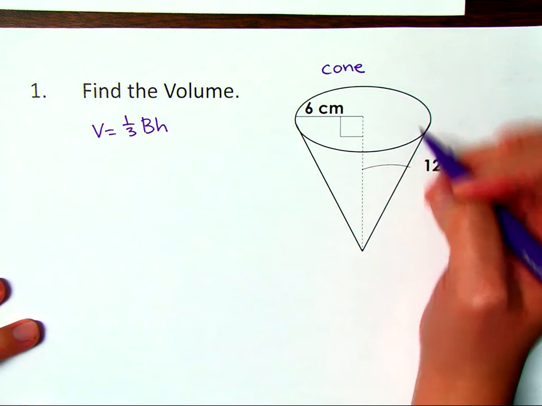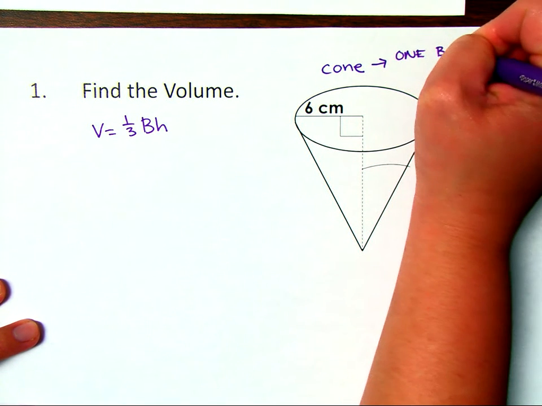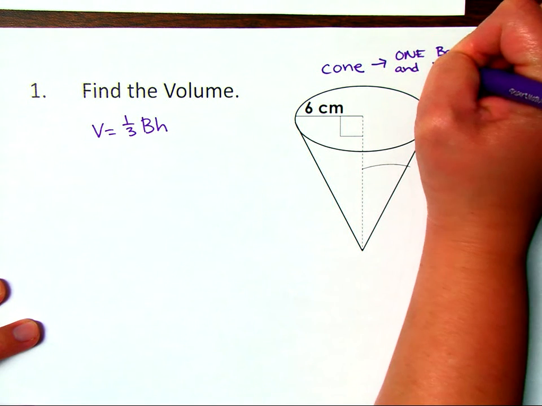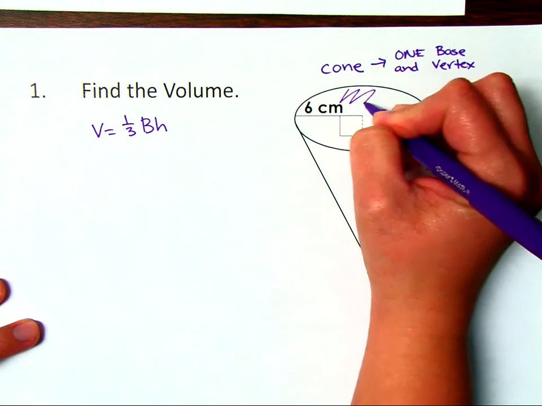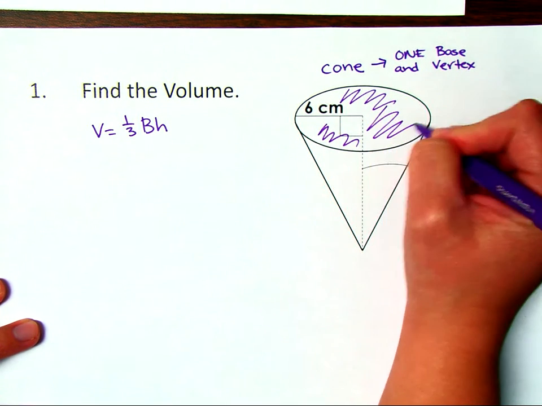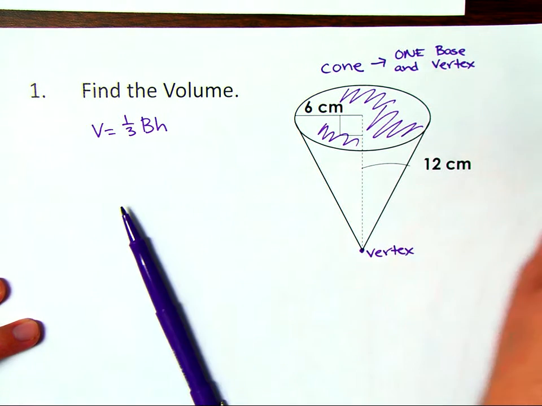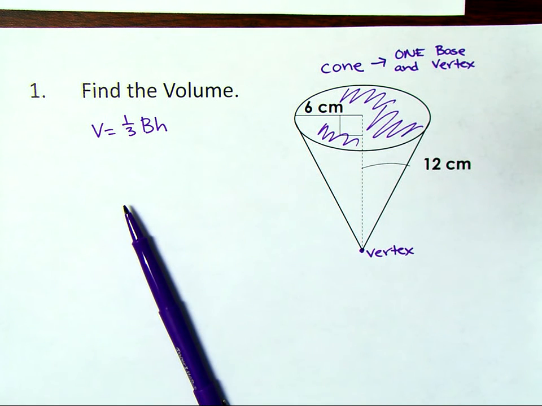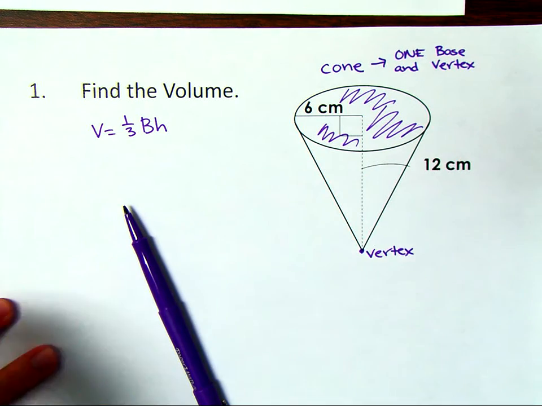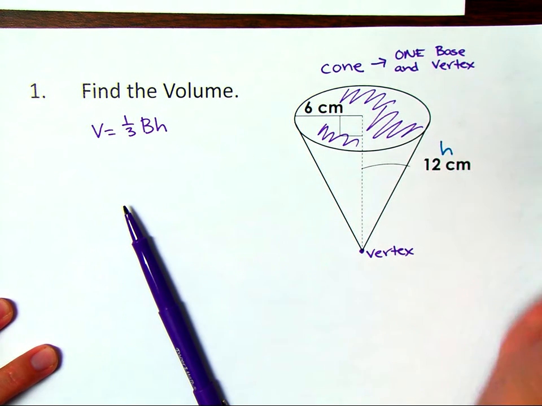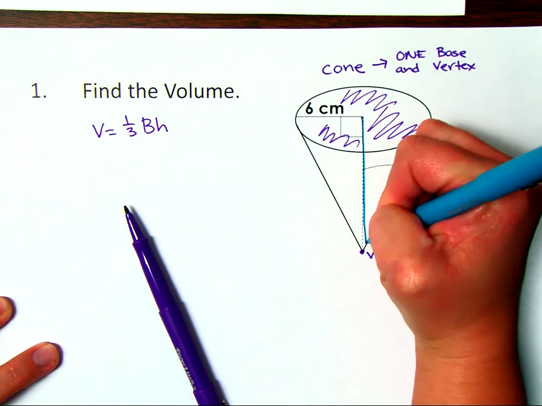A cone has one base and the vertex. Okay? So if we were to shade the base like that, and just like with the cylinder, the height is connecting the bases. Well, because there's only one base and one vertex for the cone, the height is connecting between the base and the vertex. So this is your height right here.